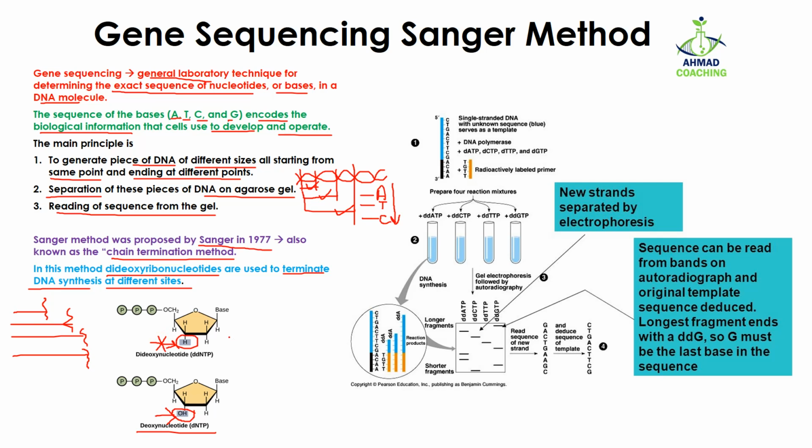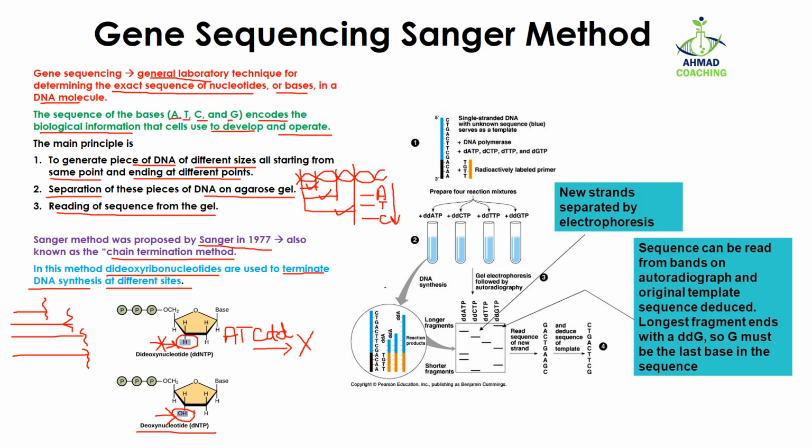So whenever, for example, here we were having A, T, C, and then we have this ddNTP, it means that from here onward no more nucleotide is going to be added and our chain is going to be terminated.